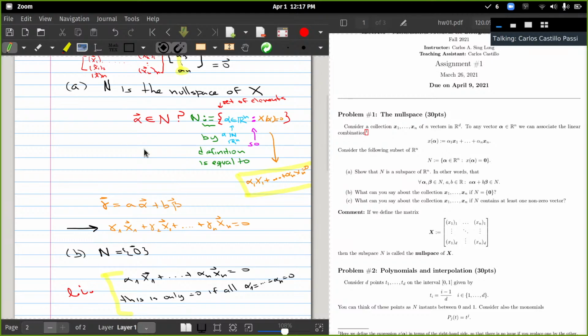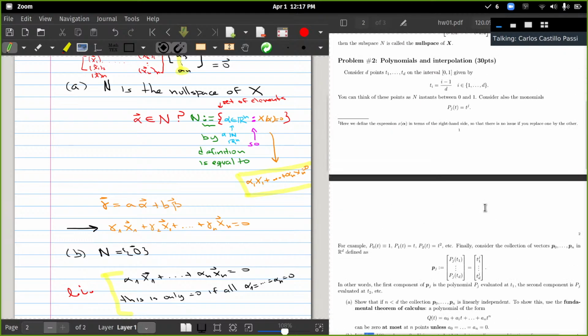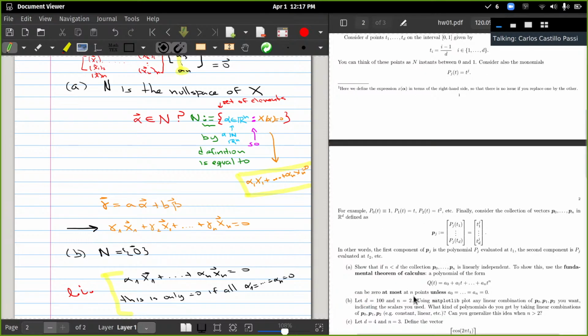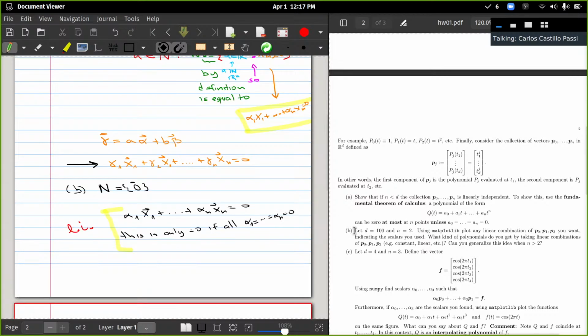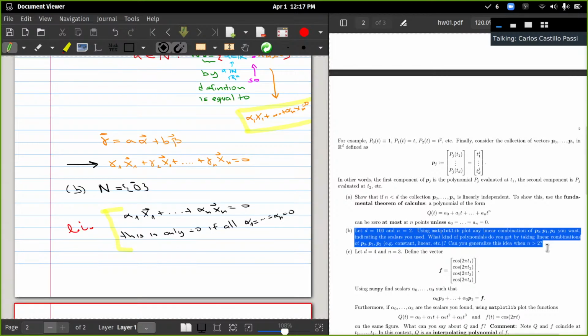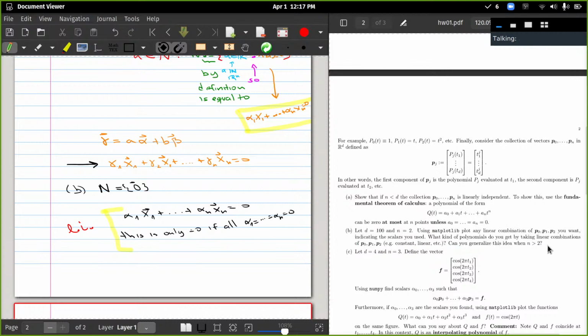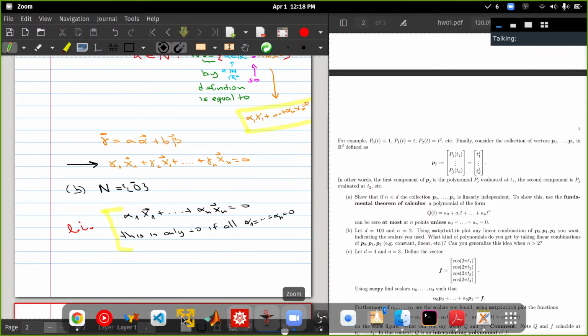With the things we just talked about, it should be very straightforward. The second one implies using Python. So maybe I can help you a little bit on how to implement this. Do you know how to do, for example, question B? How to do this linear combination in Python? No?